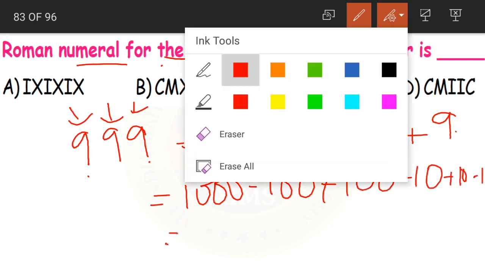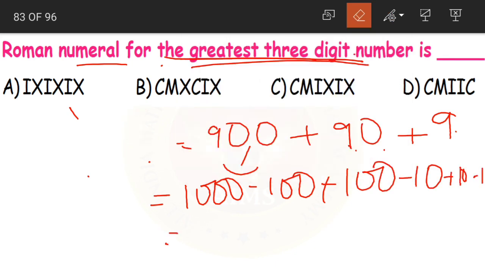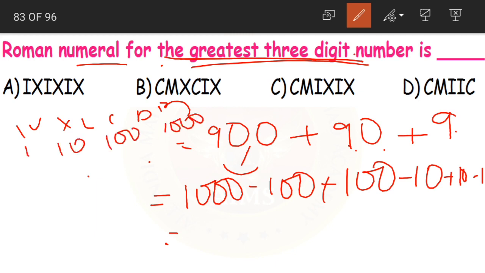Now children, let me erase this here. Let us write the chart I V X L C D M. This is 1, this is 10, this is 100 and this is 1000. These are what we need here. Now 1000 minus 100, that is M and C. How will we write it? CM. The smaller number is to be written to the left of the larger number. So CM. The 90 is 100 minus 10.